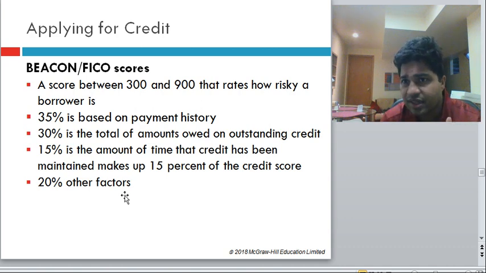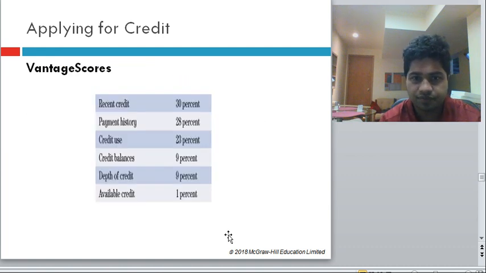If you have one credit card, even then your credit suffers. Then 15% is the time the credit has been maintained. So you're not going overboard, you're not using 100% of the credit that is available to you. All those factors are important.